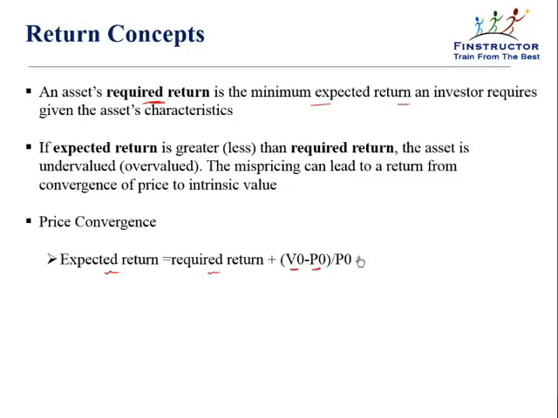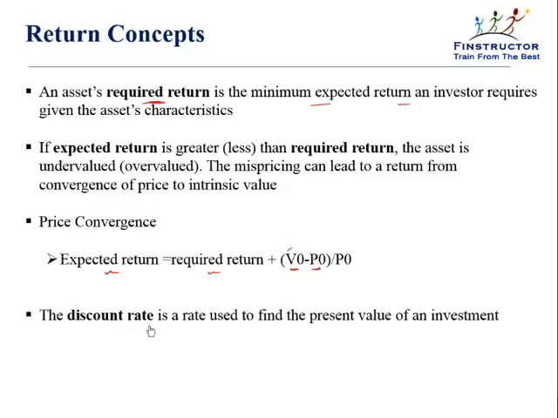If this is positive, we will say the asset is undervalued, or the intrinsic value is higher than the current market price. If this is negative, then the expected return will be lower than the required return, as the intrinsic value is lesser than the current market price, or this difference is negative.